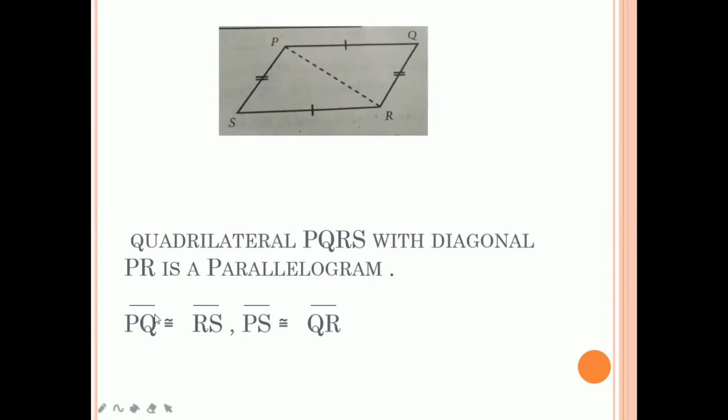So side PQ, this symbol is read as congruent. So side PQ is congruent to side RS, right? PQ and RS are opposite, so they are congruent. And side PS is also congruent to QR.